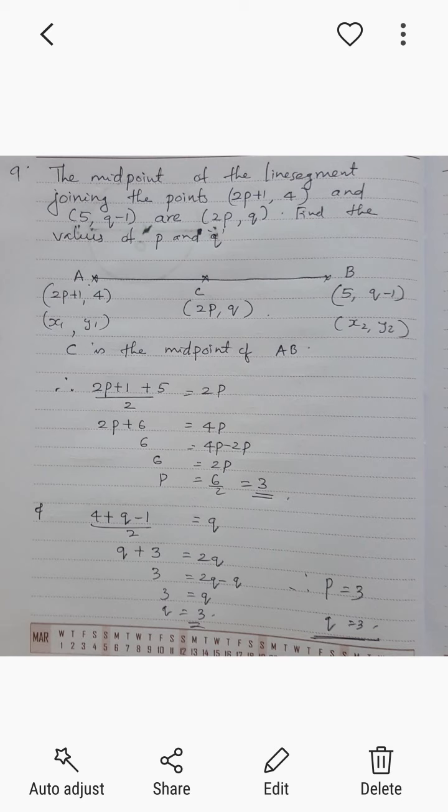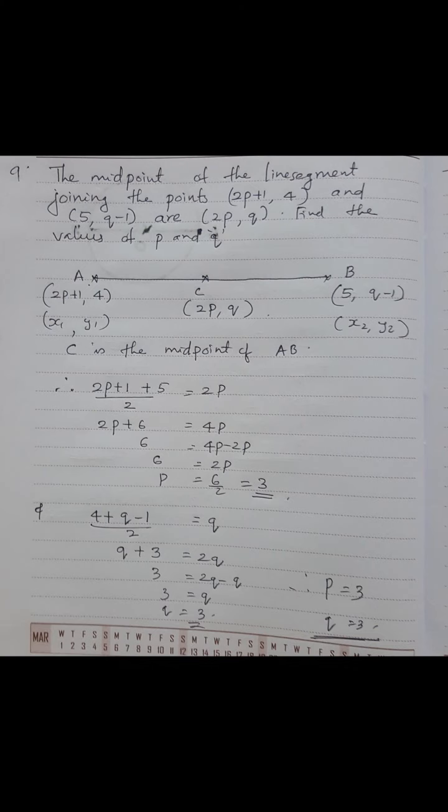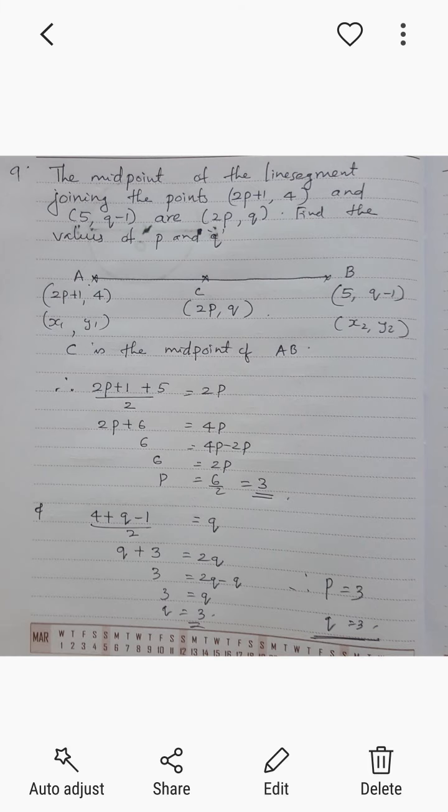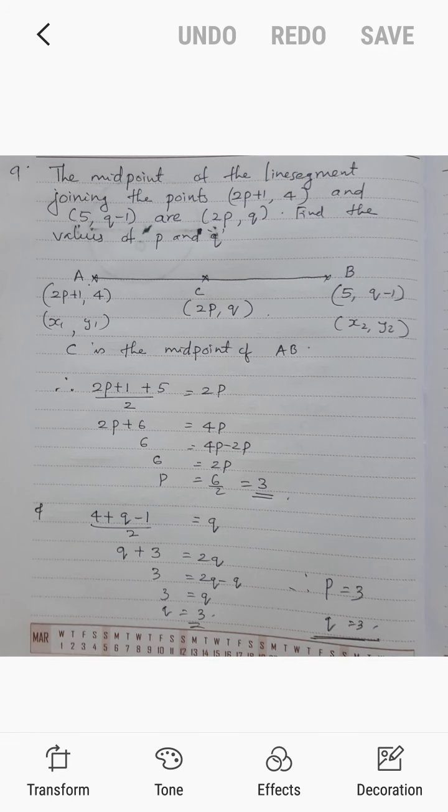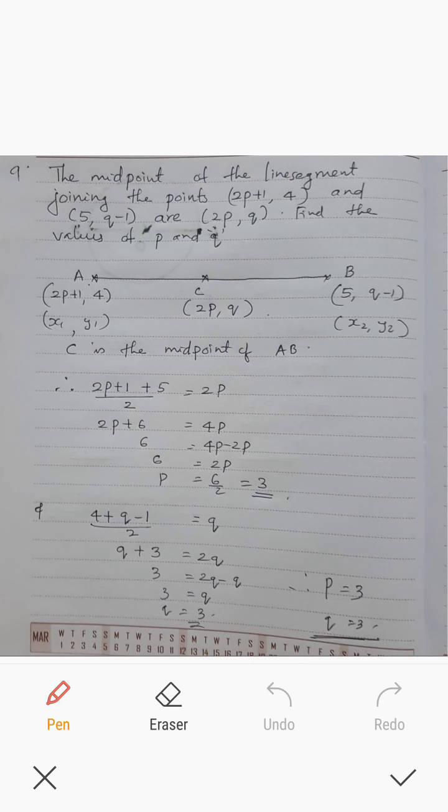Next question. The midpoint of the line segment joining the points A (2p plus 1, 4) and B (5, q minus 1) is C (2p, q).